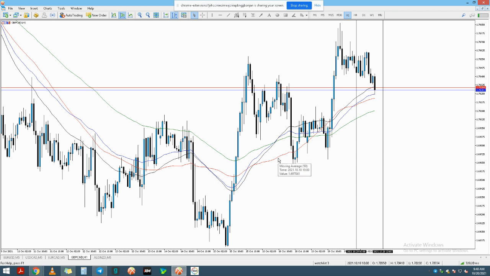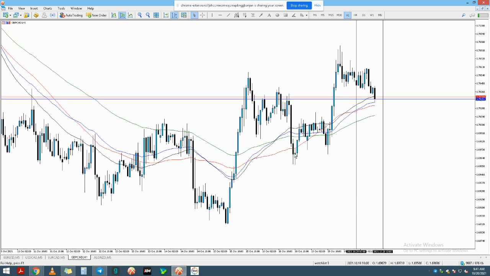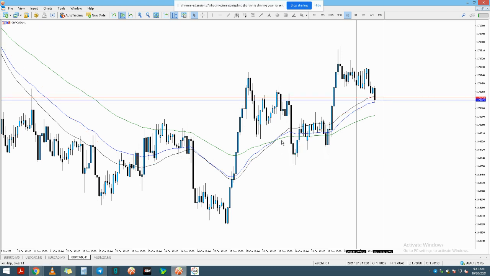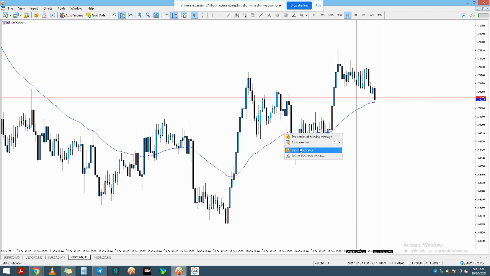It's either the simple moving average, the exponential, linear weighted, or the smooth. I don't use all of them. I just need to use one specific one, although I like to have all of them on the chart. Apart from that, we want to do an analysis. We can even remove the indicators and do a pure price action analysis without all these indicators.